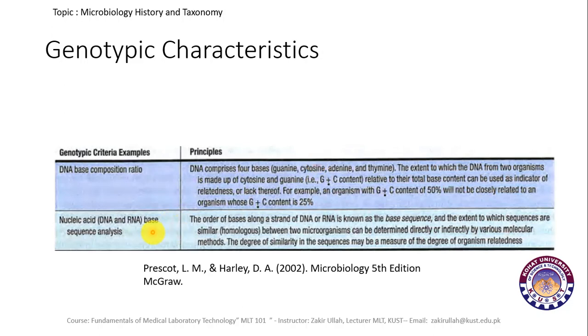The second genotypic criterion is nucleic acid base sequence analysis. This is the order of the bases along a strand of DNA or RNA, known as the base sequence, and their homology or similarity between different organisms shows whether they are from the same group or from different groups.